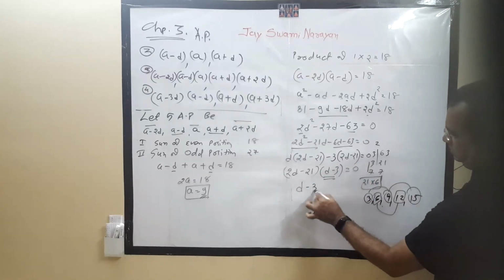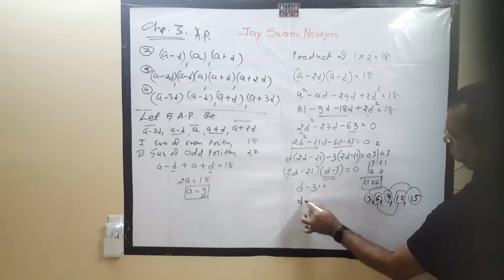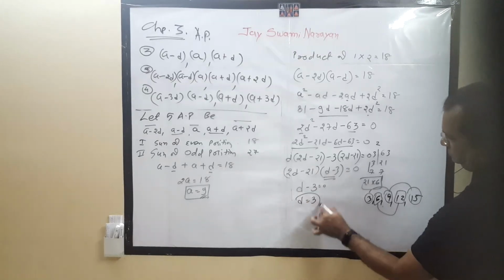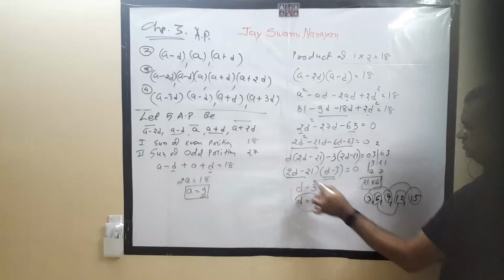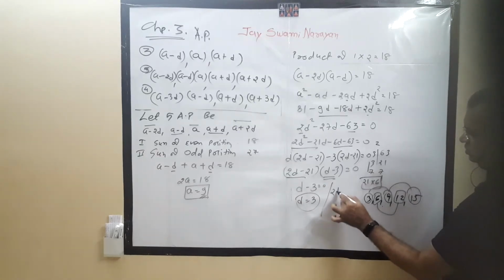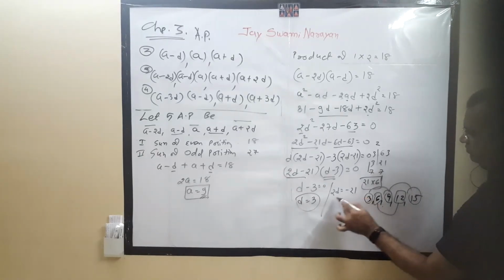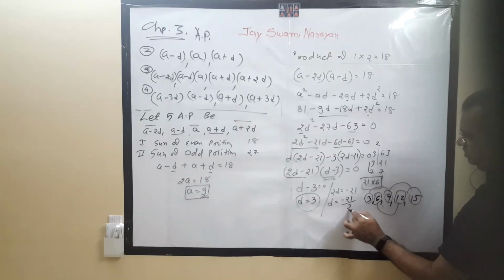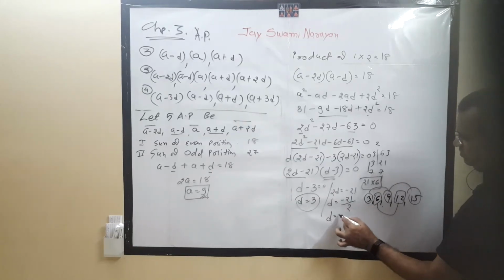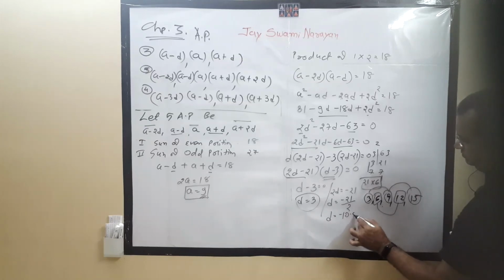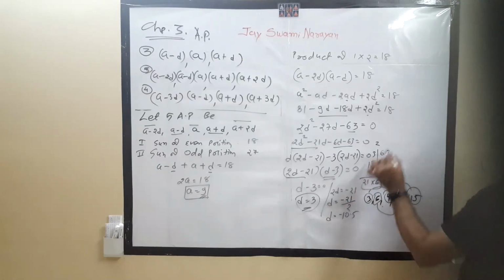So d minus 3 is equal to 0, d is equal to 3. Also 2d is equal to 21, d is 21 by 2. Negative we will not take, we will take positive.